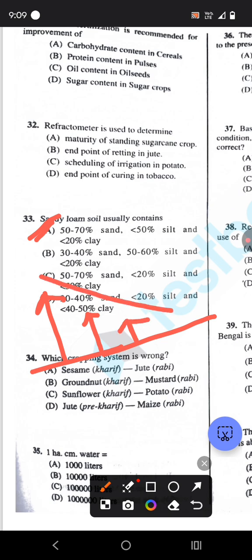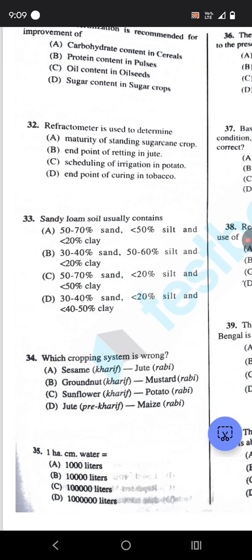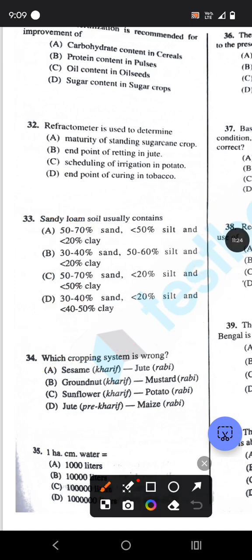That is the range: sand, silt and clay. So in this condition there is 50 to 70% sand, less than 50% silt, and less than 20% clay. So the correct answer is option number A.